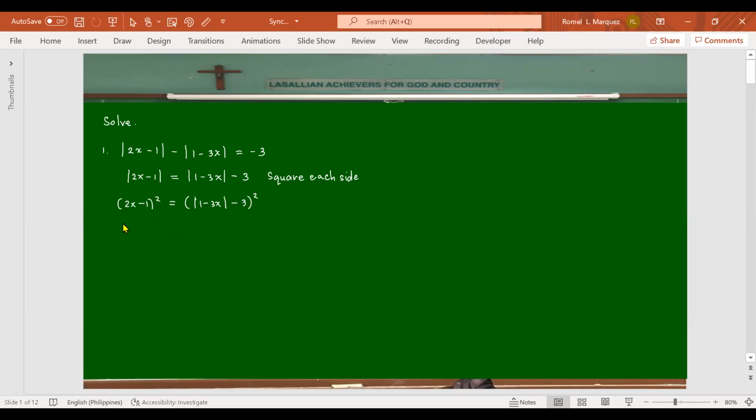Okay, guys? So expanding the left side, we get 4x squared minus 4x plus 1. Am I correct? And the right side, the square of the absolute value is 1 minus 3x quantity squared, minus twice the product of the first and the second, so minus 6 times the absolute value of 1 minus 3x, and then plus 9.